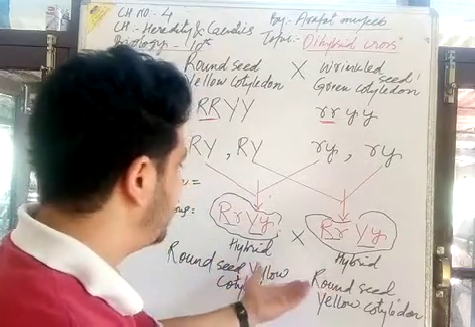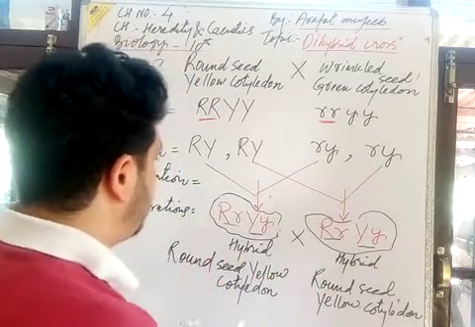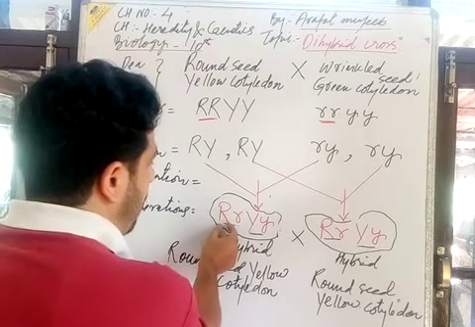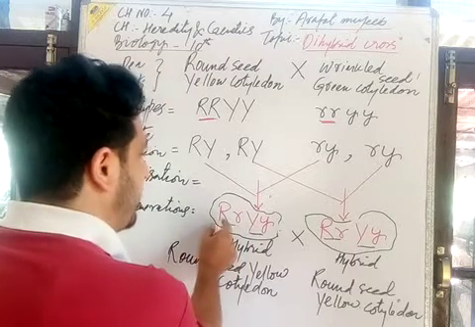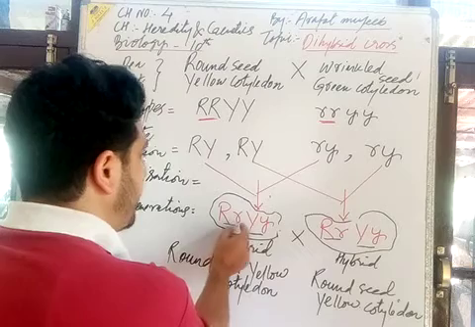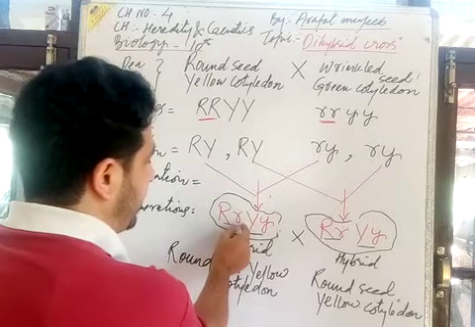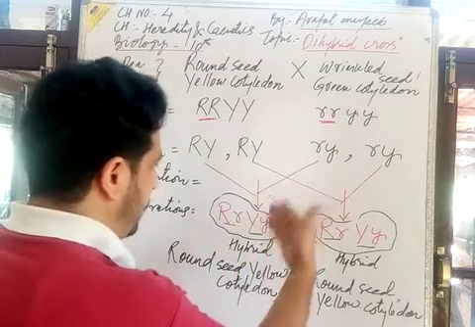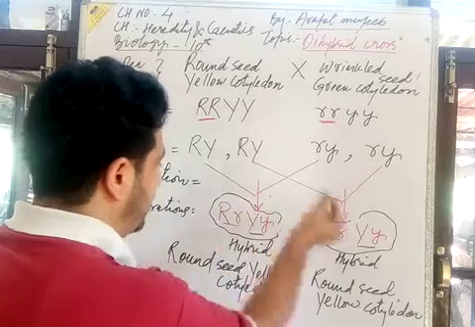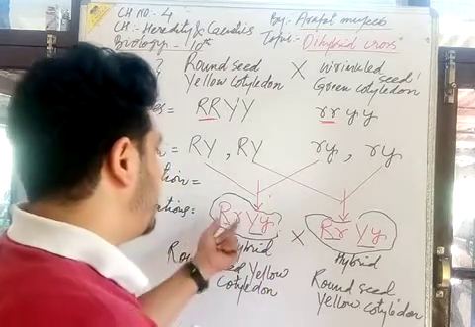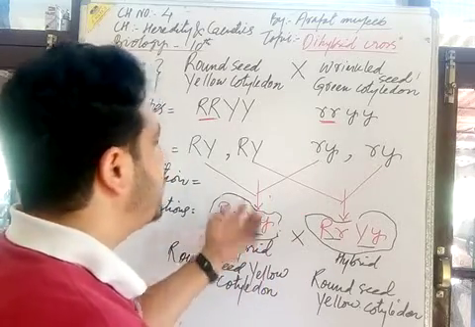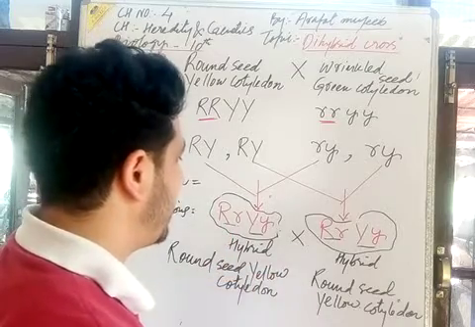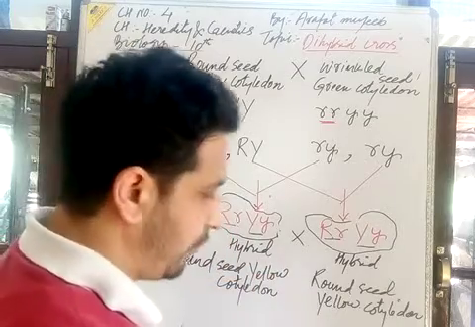In hybrid generations, we saw this factor of one character express itself, and this factor of another character still is in recombination. In future it will express itself in an independent assortment.